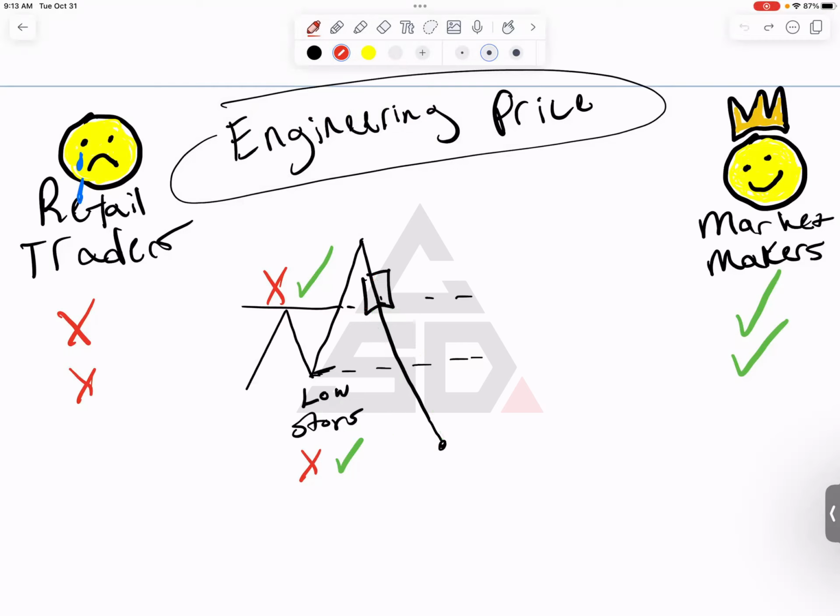You have to understand that the way that you've been looking at the market when you identify these things, like how ICT teaches them, like, oh, it's just a breaker, you have to be ahead of the curve. So you got to be one step ahead of the typical trader.